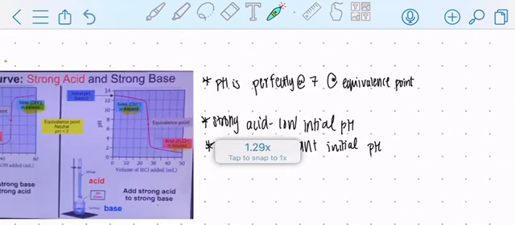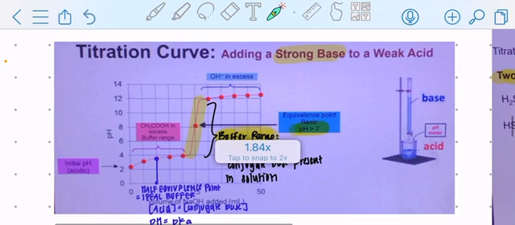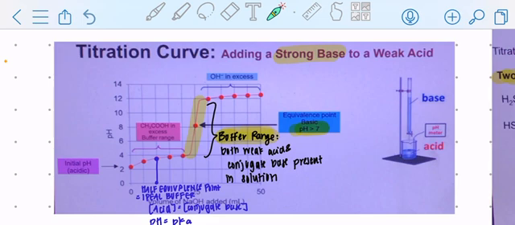Here we see adding a strong base to a weak acid. So here we see that the pH is actually quite higher than the last one. A buffer range is when both the weak acid and the conjugate base are present in the solution, and we see at the end, because of the strong base, the hydroxide is in excess.